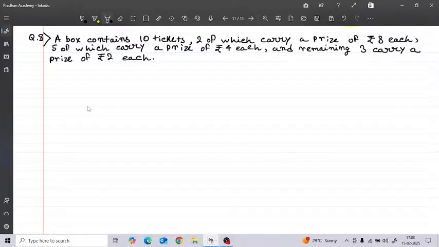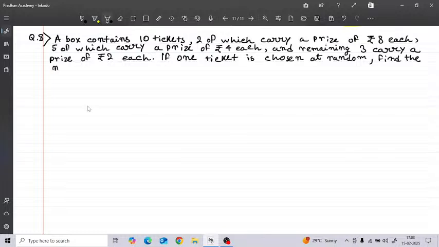If one ticket is chosen at random, find the mean value of price.